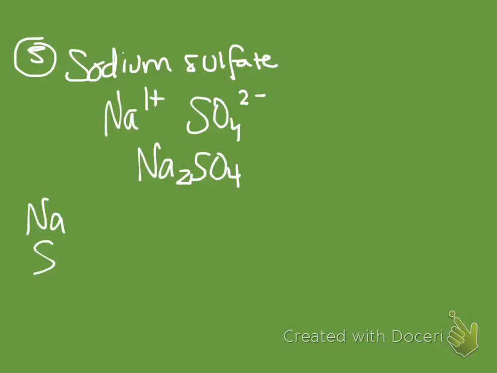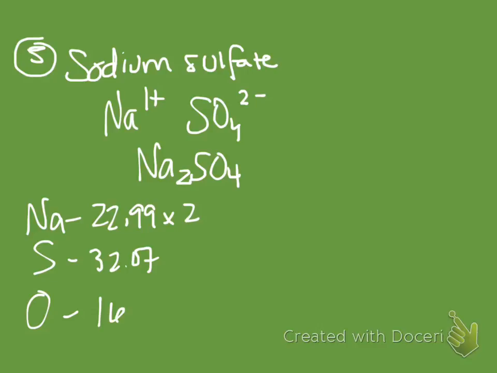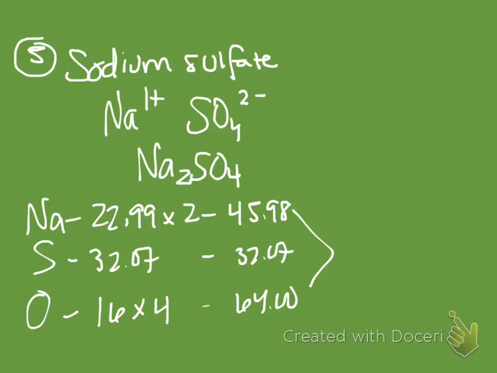So to figure out the percents of all of our elements, we have 22.99 times 2, 32.07, and then of course we've got 16 times 4. So 45.98 and 64. Overall mass of the compound is 142.05 grams per mole. And now we've really got our work done for us. It's just division at this point.